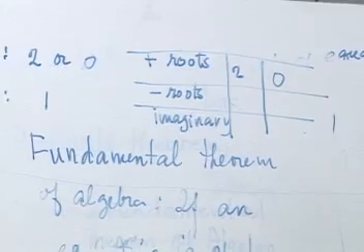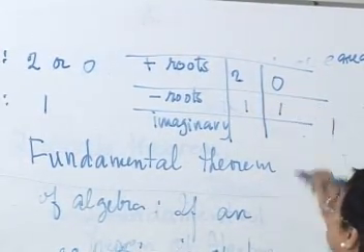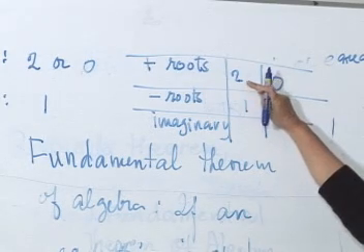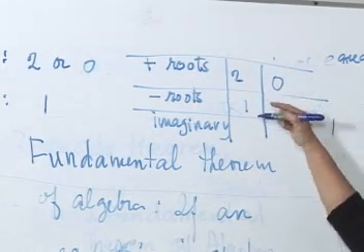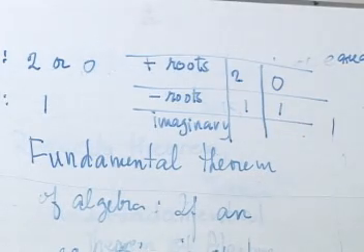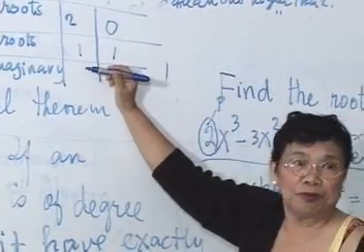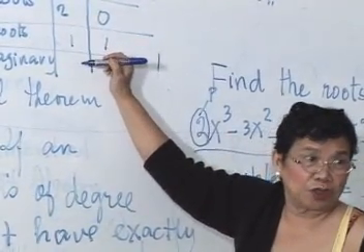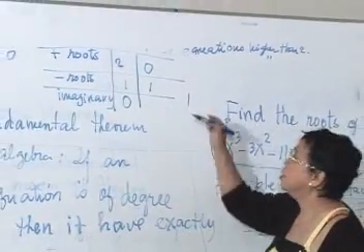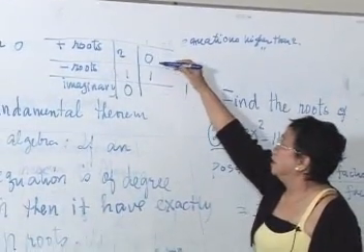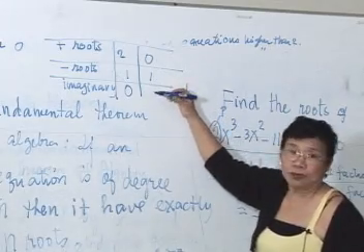Negative roots is always 1. If you add 1 plus 2, that is equal to 3. What is the degree of our equation? 3. So therefore, what will be the possible number of imaginary roots for this combination? 0. There will be no imaginary roots. However, for this one, 0 plus 1, what do you get? 1. So how many imaginary roots? 2.